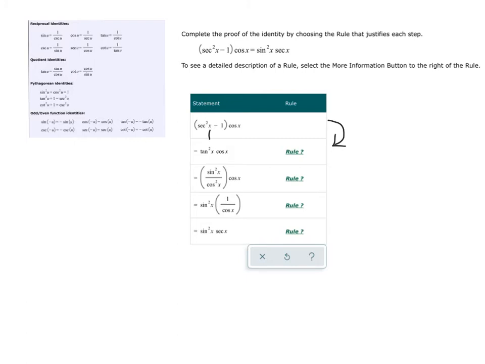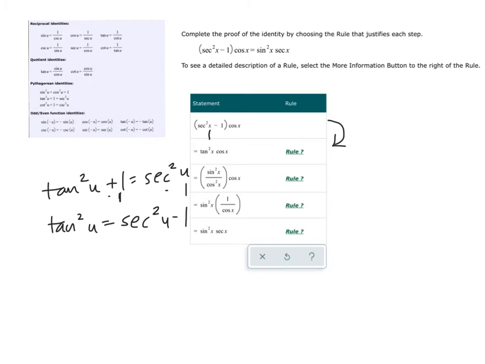Well, if we look at this Pythagorean identity, tangent squared u plus 1 equals secant squared u, we can manipulate this. If we subtract 1 on both sides, right? We'll get tangent squared u equals secant squared u minus 1.